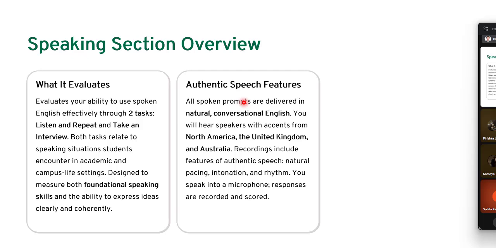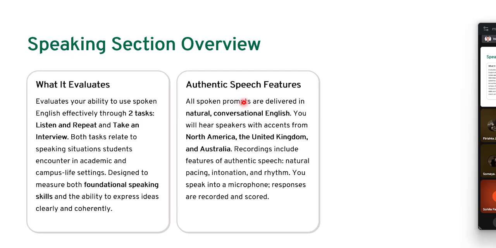And when we go on with the speaking task, it should not be very mechanical. If we speak too fast, that is not what gets a higher score. It tests how the test taker can convey the message naturally and in conversational English.